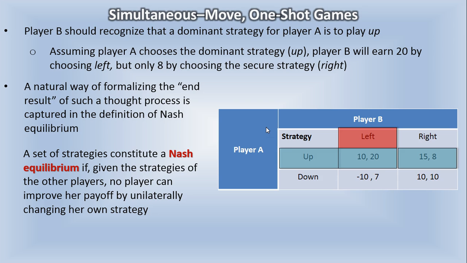It's also possible for games not to have any Nash equilibria whatsoever. But again, just the concept itself of Nash equilibrium was able to allow economists and economic theory to actually make real-world predictions in situations where we otherwise would not have been able to.